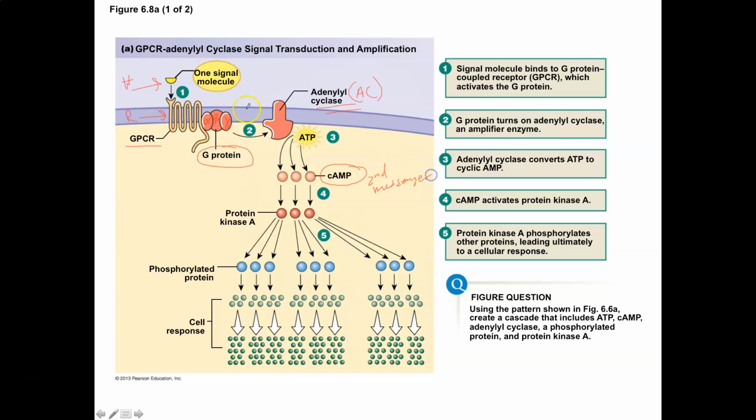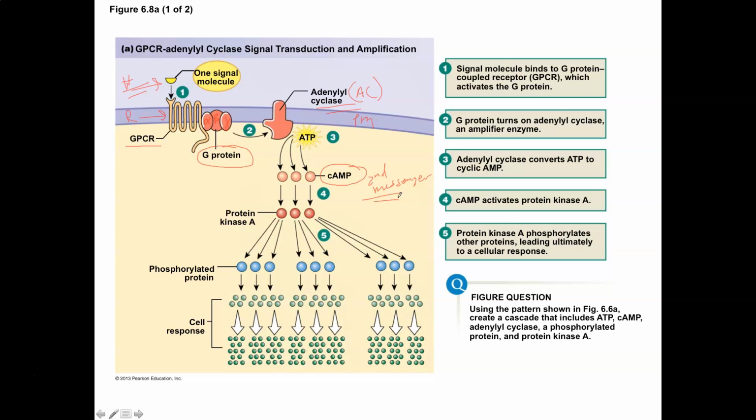The first messenger being the hormone that's binding to the receptor, which is outside of the cell. It's not able to pass through the plasma membrane. So here we have the plasma membrane. The hormone's not coming through the plasma membrane. Instead, it's binding to a receptor in the membrane. And we're generating a second messenger that's found within the cell that then can go on to do work.